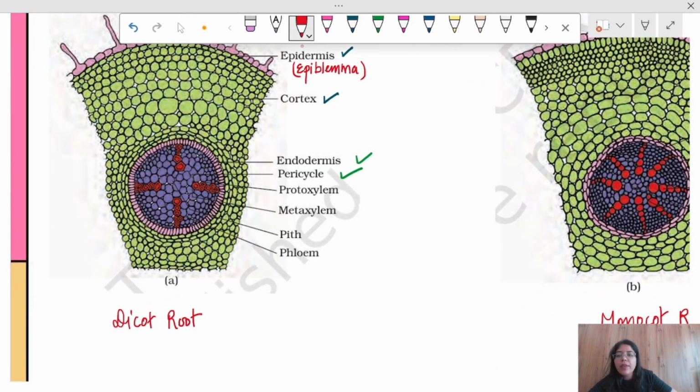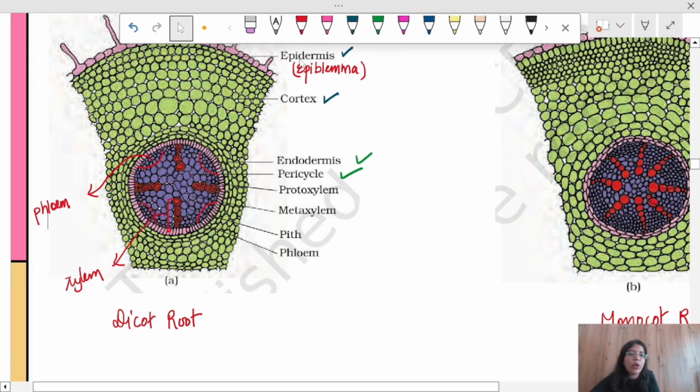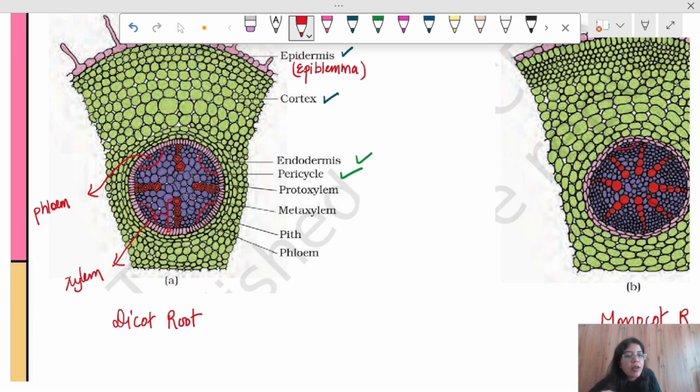See this area. This entire thing is xylem, right? This red color structure which you are able to see, this is xylem. And these small cells, can you see the small cells present here, and smaller cells here. These small cells are called phloem. Same condition in that diagram also. These areas are phloem.